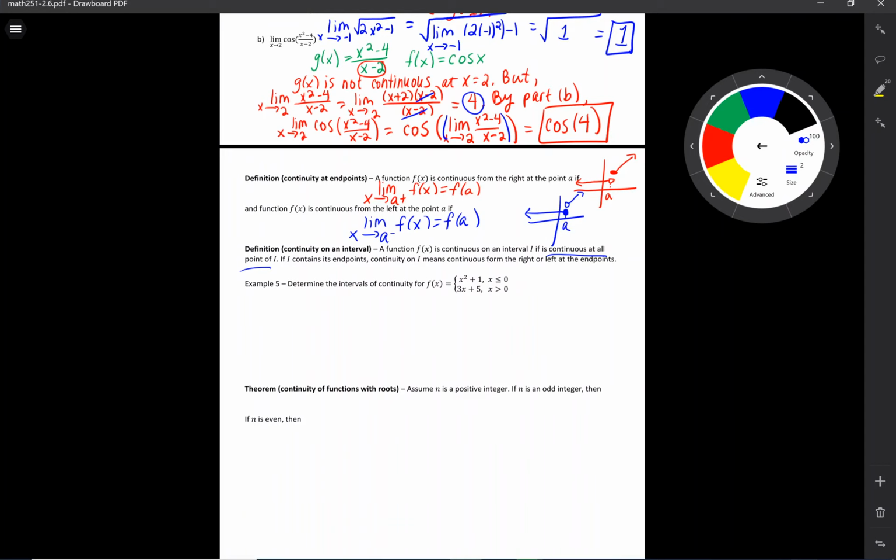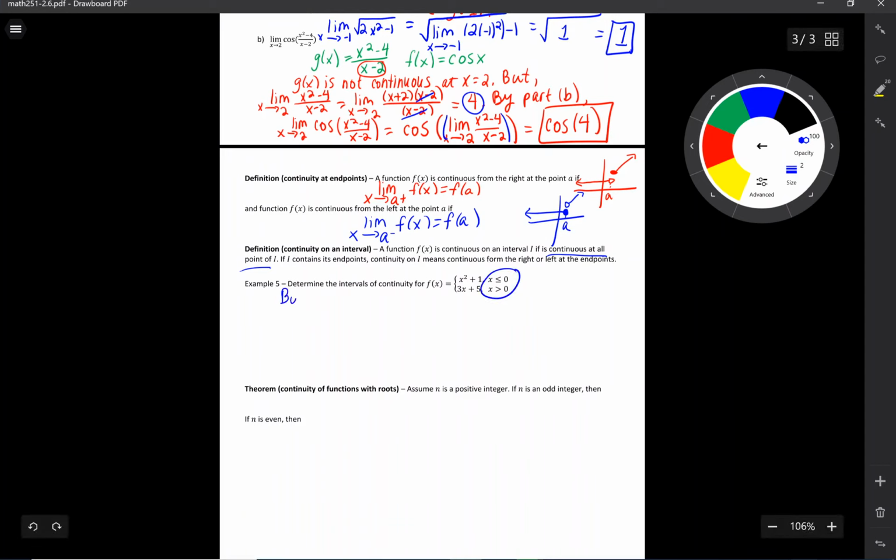So example 5 wants us to determine the intervals of continuity for f of x. So we have two pieces here, it's a piecewise function. Both of them are polynomials though. So because they're both polynomials, they are continuous everywhere except possibly at this point 0.